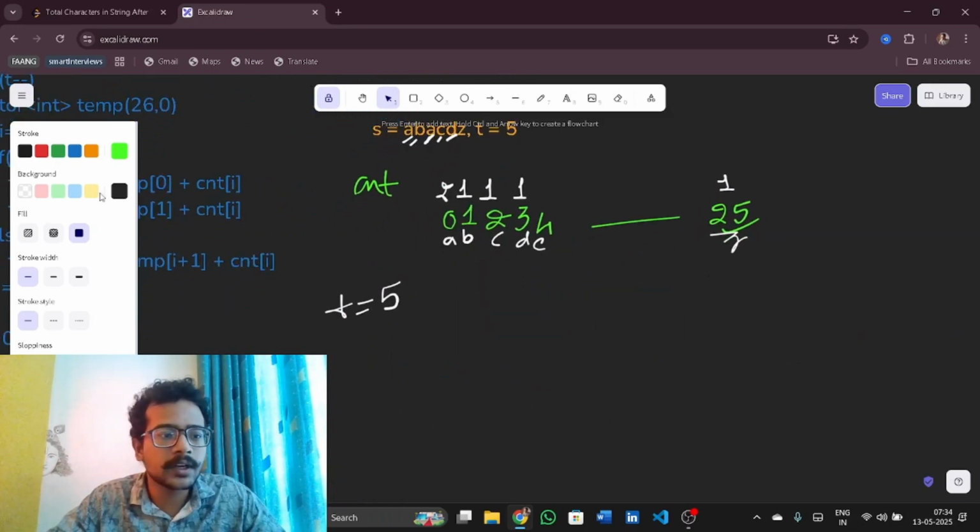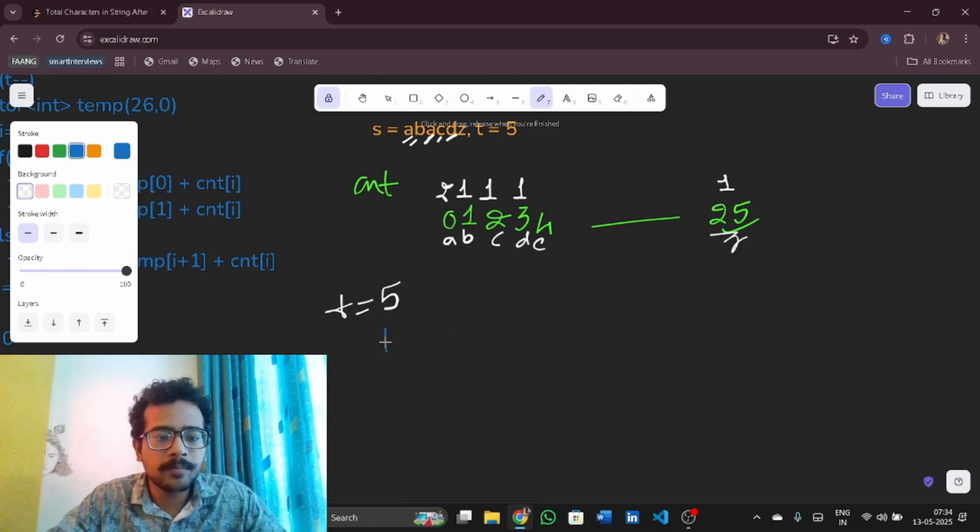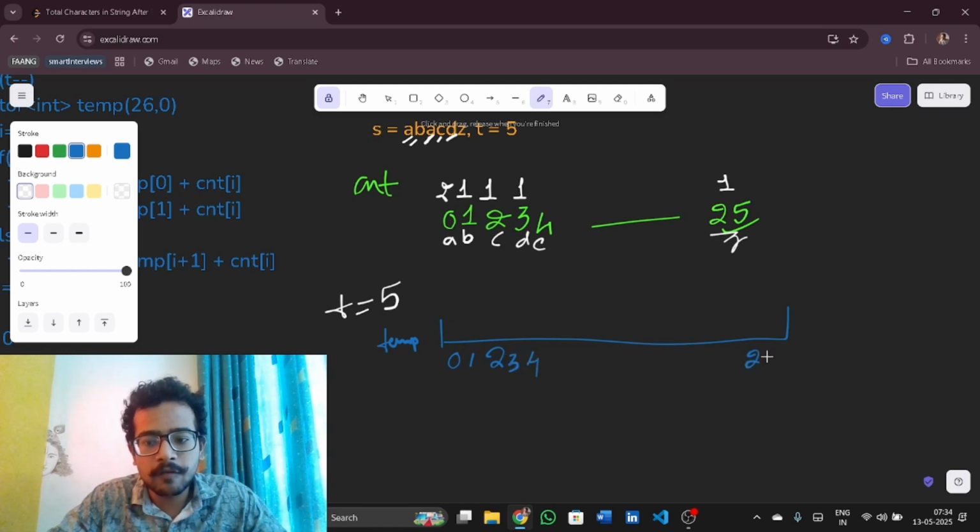Let us do the temp array, a temp array of size 26: 0, 1, 2, 3, 4, up to 25.